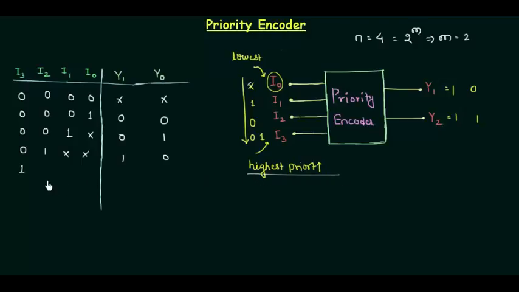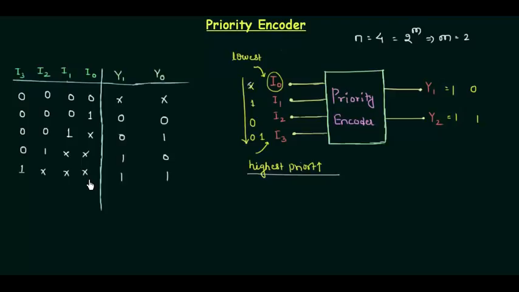So again, we don't have to look for the values of I2, I1 or I0. They will be simply don't care to us. Whatever their value, the priority is given to I3 and the output will reflect I3. So 1 1.